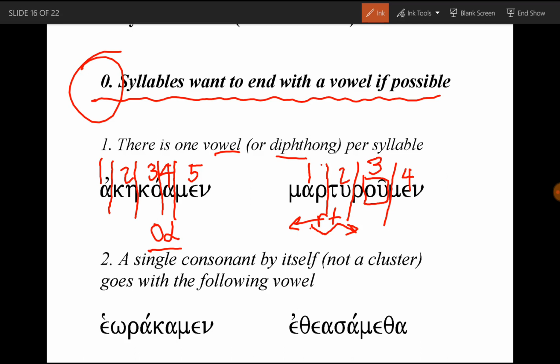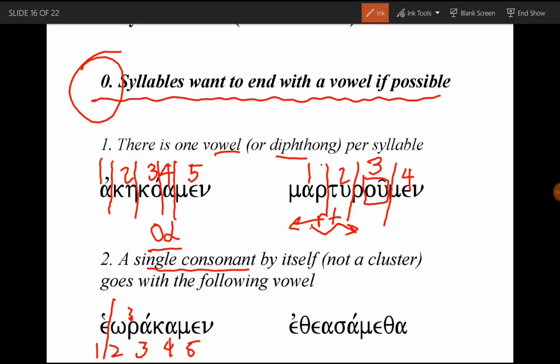So what does that mean? Okay, let's apply what we know. How many vowels are there? There's 1, 2, 3, 4, 5. So we know that there are 5 syllables. Here's he. Okay. Here we have a rho.